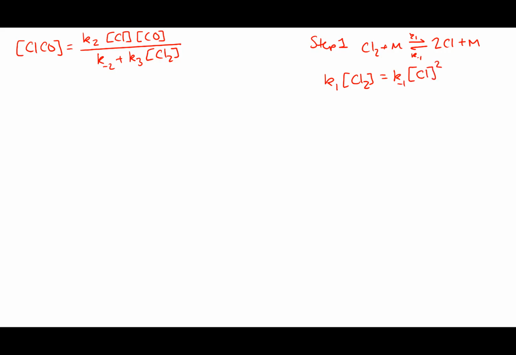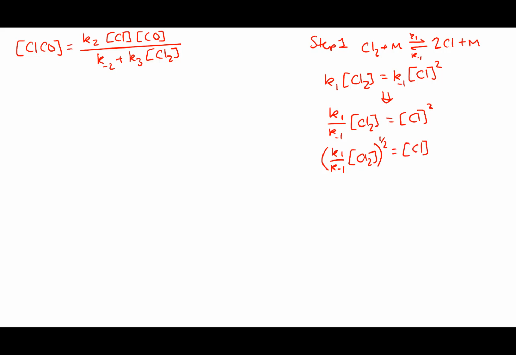And so we can rearrange this, and that simply becomes K1 over K minus 1 times the concentration of Cl2 is equal to the concentration of Cl squared. Since we just want regular old Cl, we can simply take the square root of both sides. And so what we then get is K1 over K minus 1 times the concentration of Cl2, to the power of 1/2, is equal to Cl.